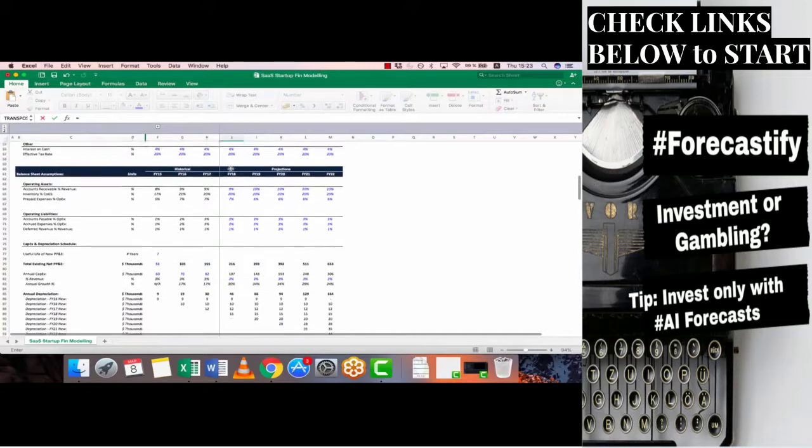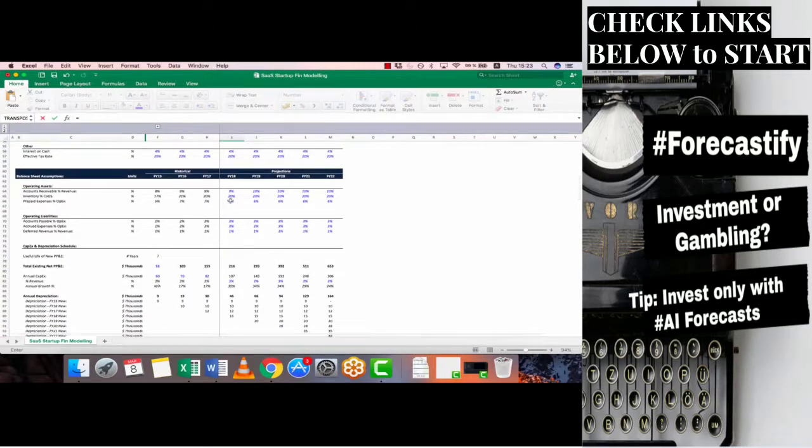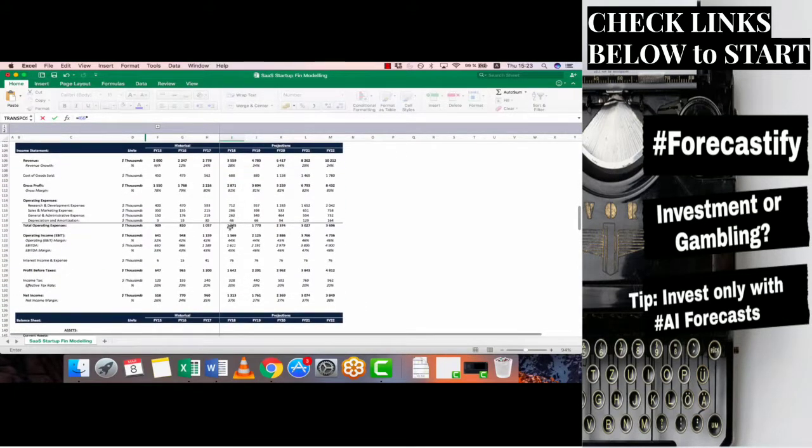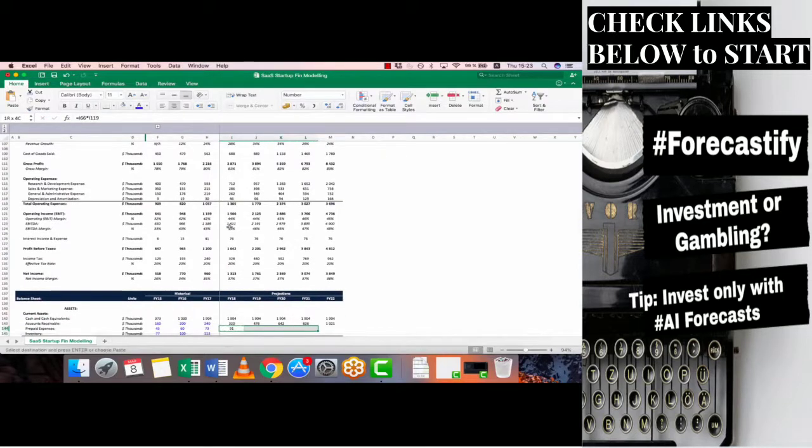Moving to our assumption page: prepaid expenses as a percentage of OPEX. Multiplying this percentage to OPEX. Here you go. So it seems to be correct. Okay, inventory balance.